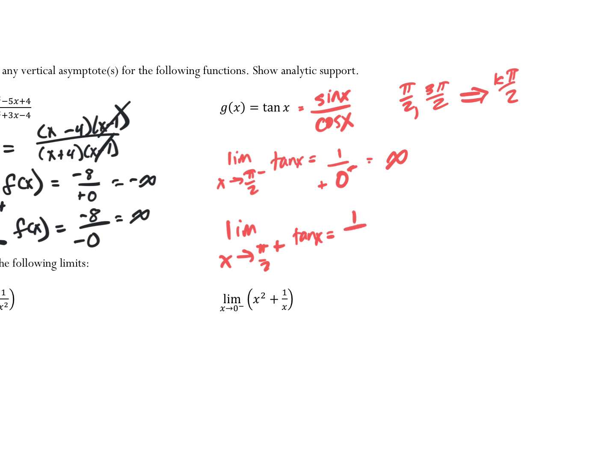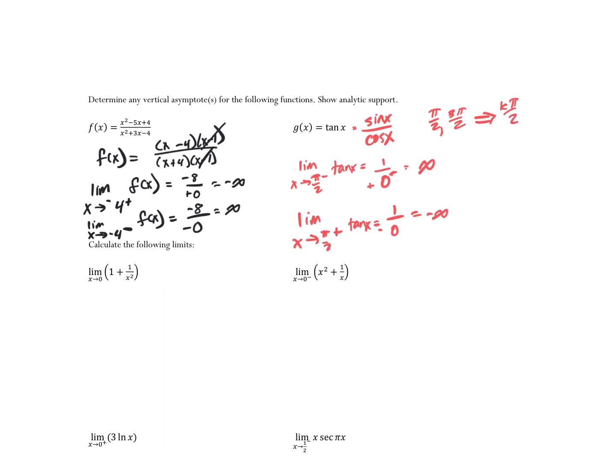What about cosine? Approaching 0, but from the negative side. All right, and I suppose for both of these, the whole idea is to determine the vertical asymptotes. So our vertical asymptote is x equals pi over 2. For this one, our vertical asymptote was x equals negative 4. And our analytical evidence was that these limits were going towards infinity.